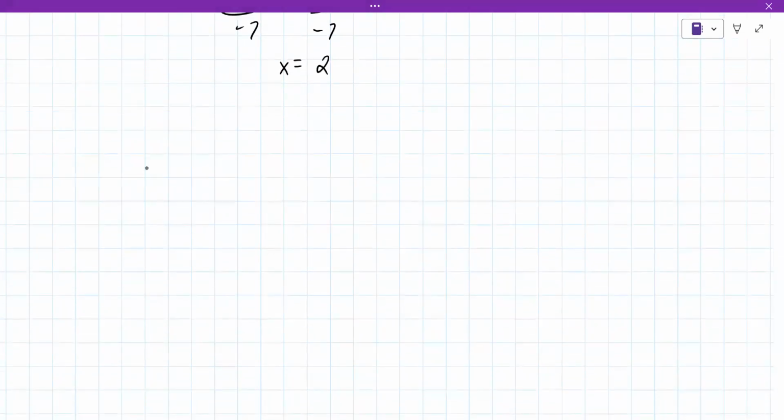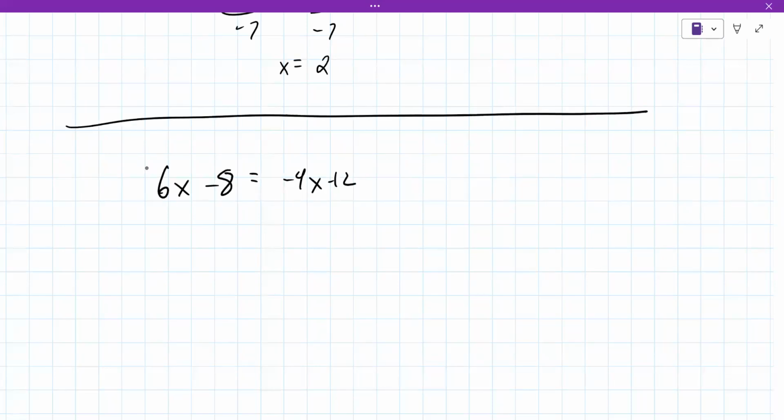Let's have you try one on your own here. Let's go 6x minus 8 equals minus 4x plus 2. I just want the final answer. Is that a minus 12? It's a plus 2.